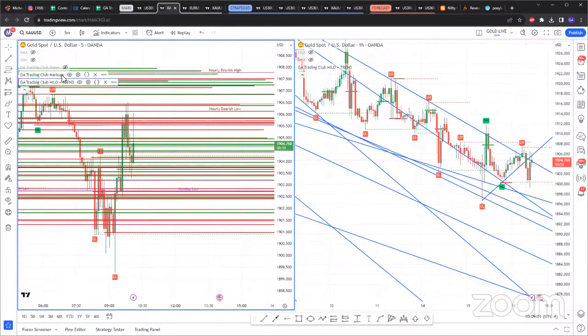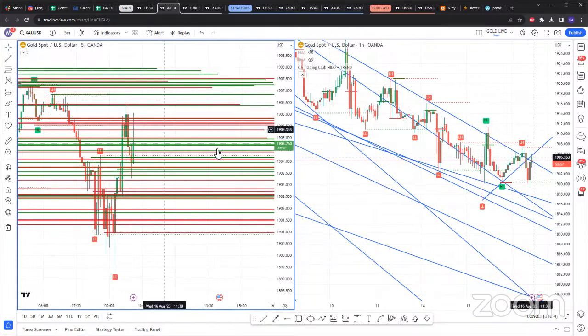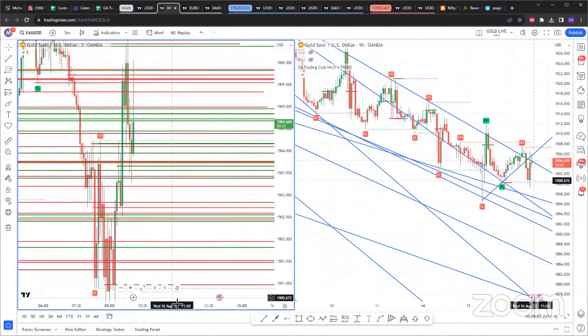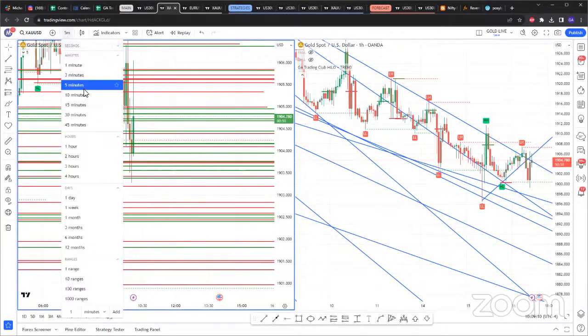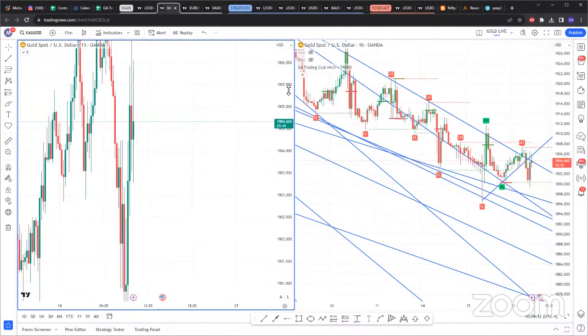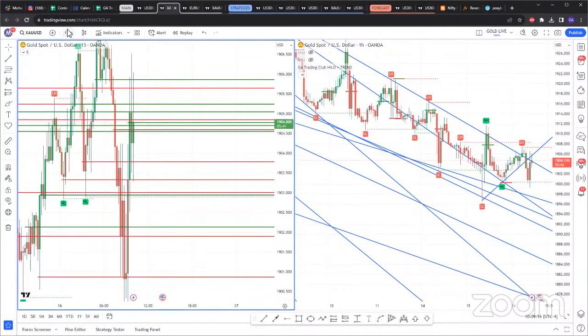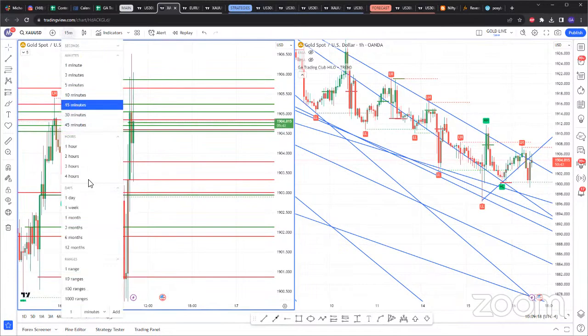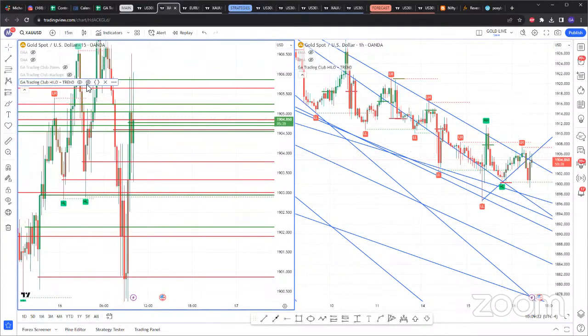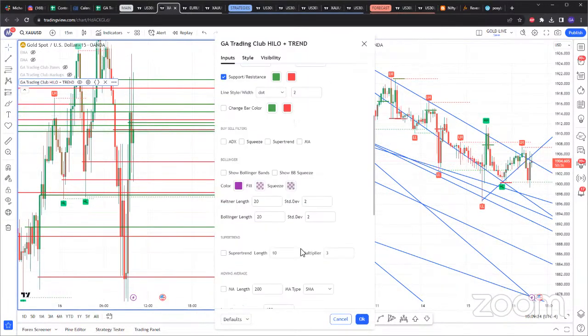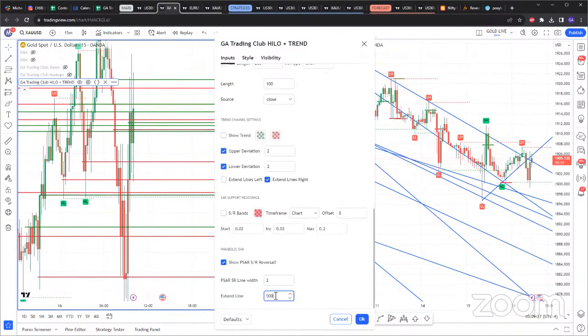Actually, let me turn off the markups, but you can see even if I turn off the markups, this is why I don't like extending on lower time frames. So maybe on the 15-minute might be a little cleaner. Yeah, but you can't really see anything. So even on the 15-minute for gold, I do not see anything much. Let me put this back to where it was.